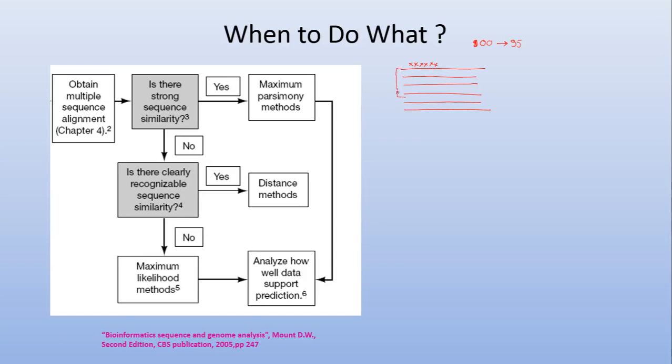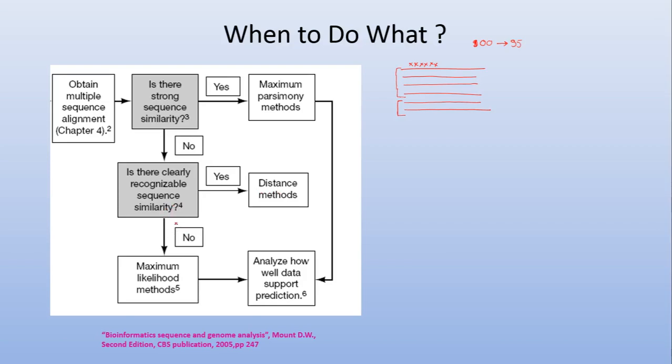For example, 5 sequences out of 7 in my multiple sequence alignment are highly similar, while these 2 sequences are dissimilar. If that is the case, then you are advised to use the distance based method. If some of the sequences are similar while some are dissimilar, then you are supposed to use this distance method.